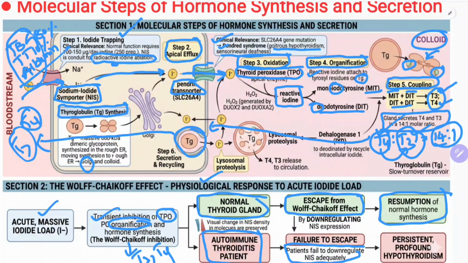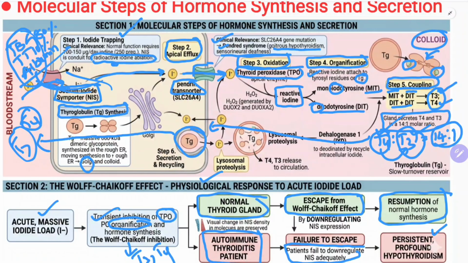That will lead to persistent profound hypothyroidism. Why? The sodium iodide symporter is not downregulated, and the iodine keeps coming and coming. So the TPO is not reactivated here. In the abnormal thyroid gland, the TPO is not reactivated because of the persistent presence of iodide.